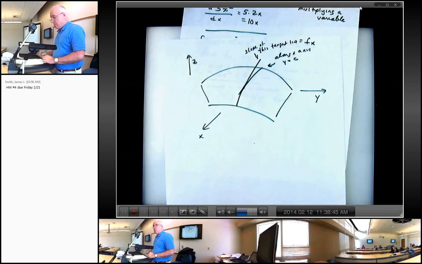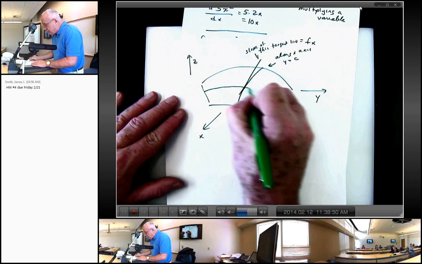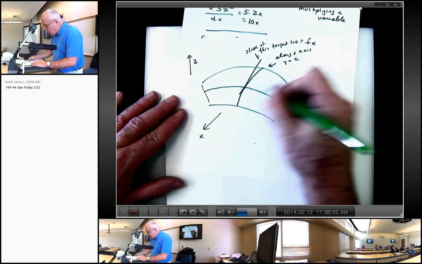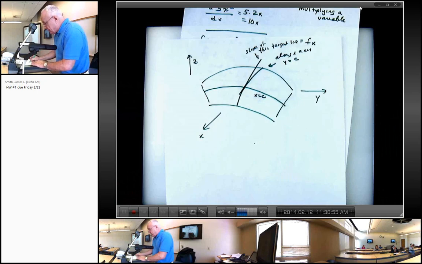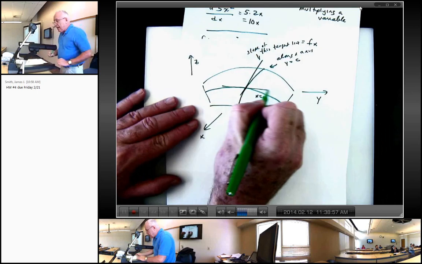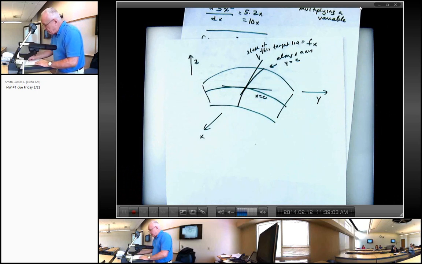All right? Then we can also cut it along the y direction, and here x remains a constant. We have another tangent line, and the slope of that tangent line is fy, because we're going in the y direction.